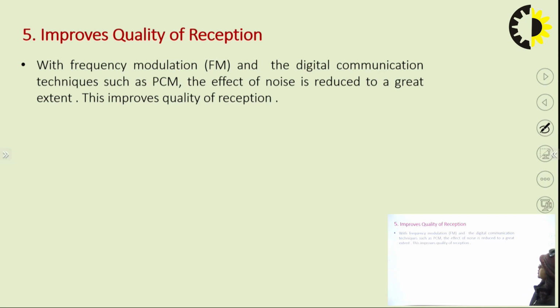It also increases the quality of reception because with frequency modulation and digital communication like PCM, the effect of noise is reduced to a great extent, thereby improving the quality of reception.